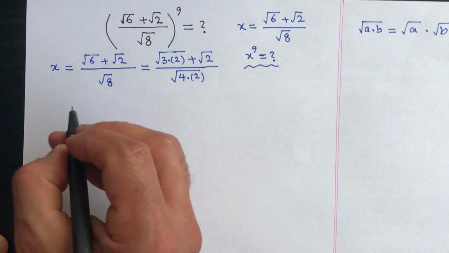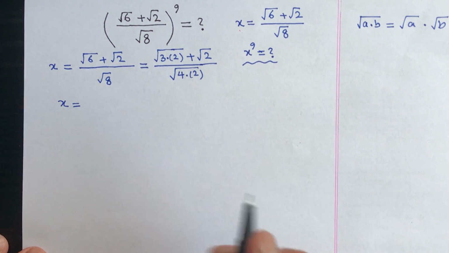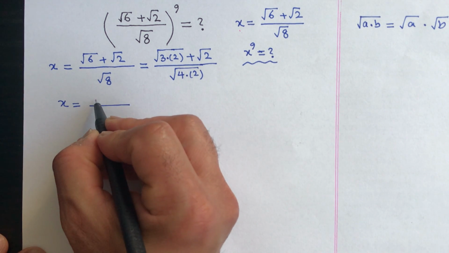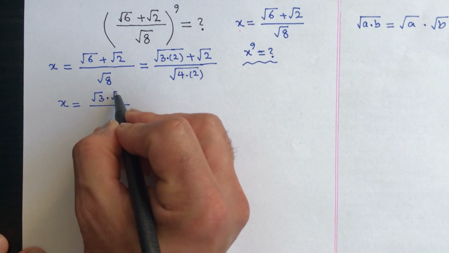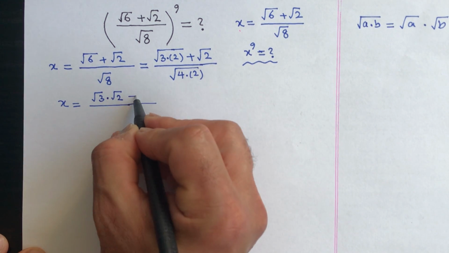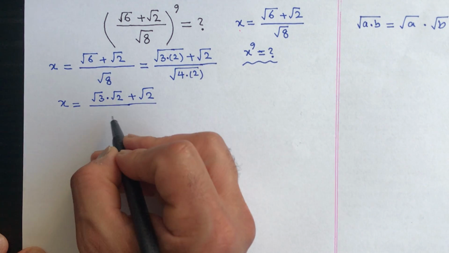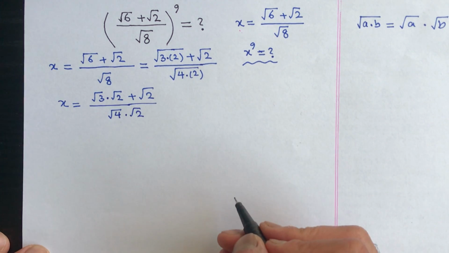Now x equals square root of 3 times square root of 2 plus square root of 2 over, again, square root of 4 times square root of 2.